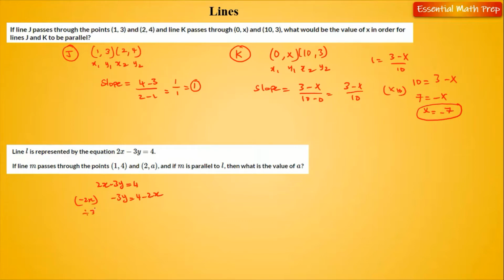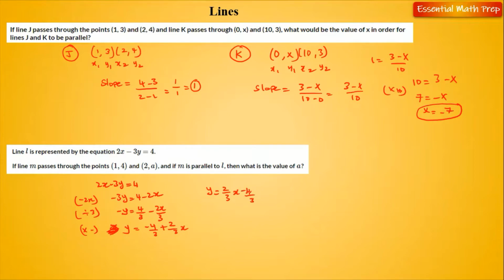And we can divide by negative 3 on both sides, which gives us y equals negative 4/3 plus 2/3 x. If you write it in the proper form you're used to, y equals 2/3 x minus 4/3.